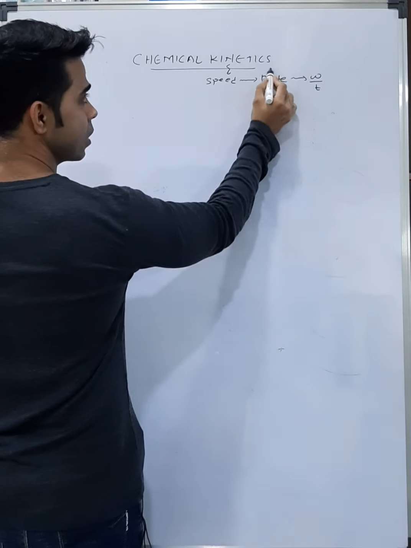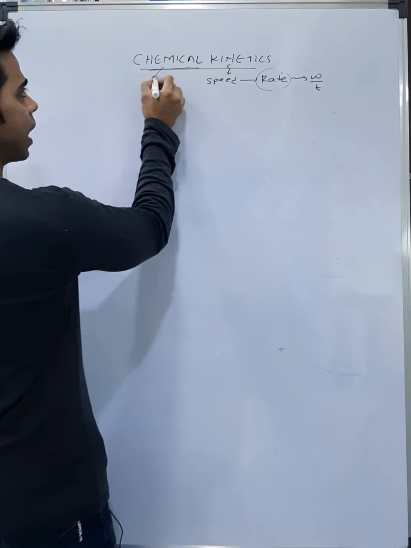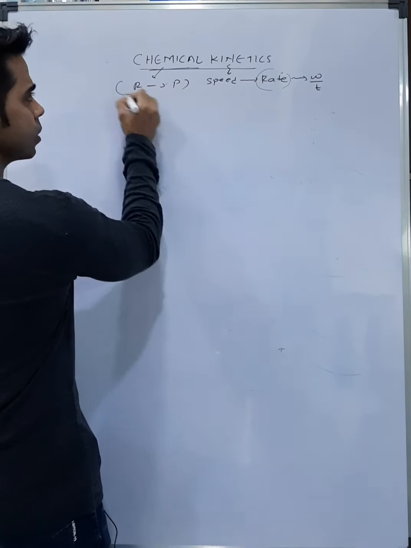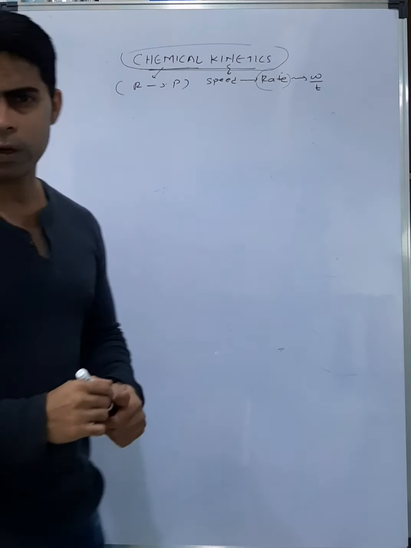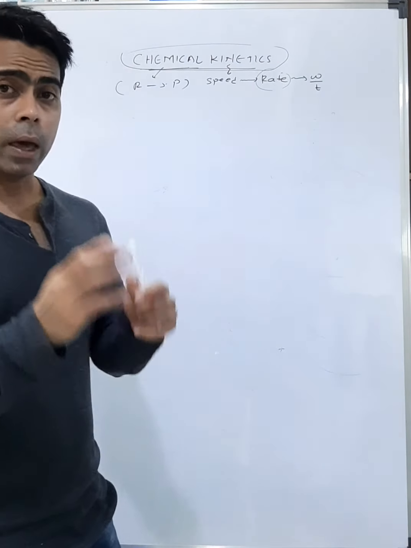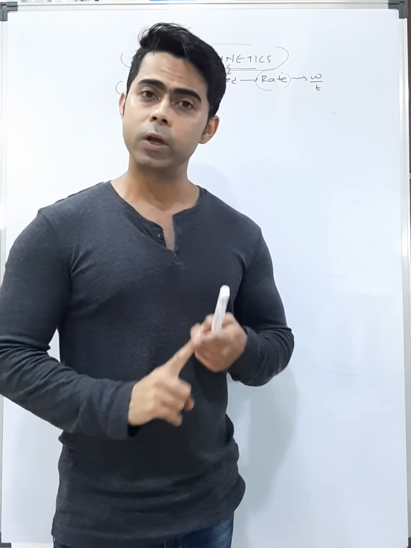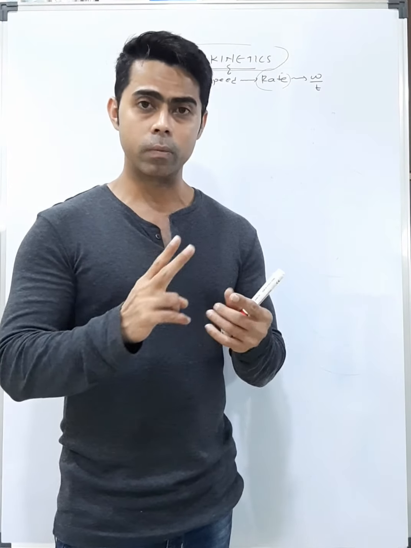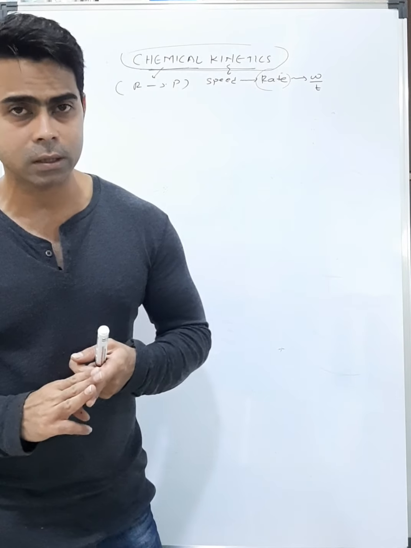And if this rate is studied with respect to chemical reactions where there are reactants and products, then that chapter will be called chemical kinetics. Very simple to understand. And the speed of the chemical reaction is also governed by temperature, also controlled by catalyst, controlled by the concentration of the reactants.